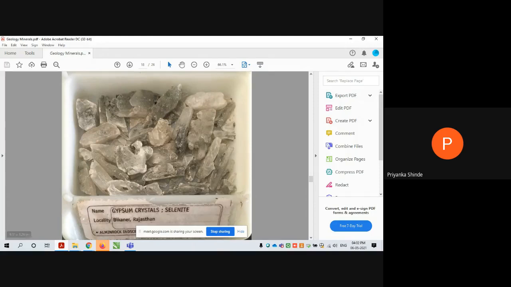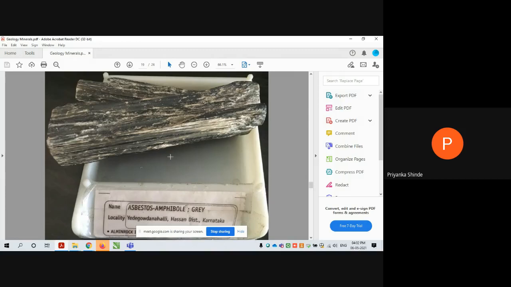Then the next mineral is asbestos. So this is the last mineral in your syllabus in the rock forming group. Asbestos, if you see, it is like fibers, silk thread like. If you take out some piece of it, it will come as a fibrous material.